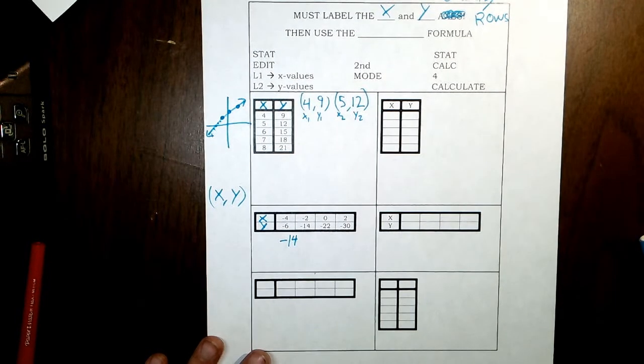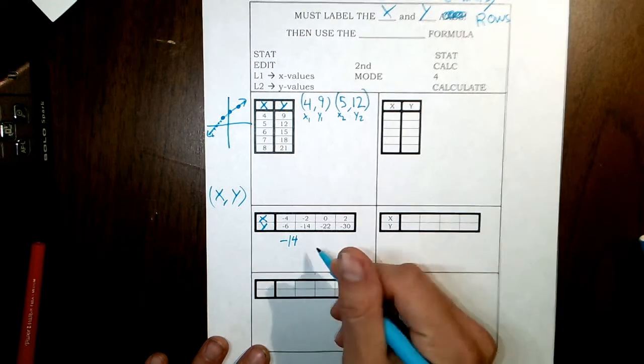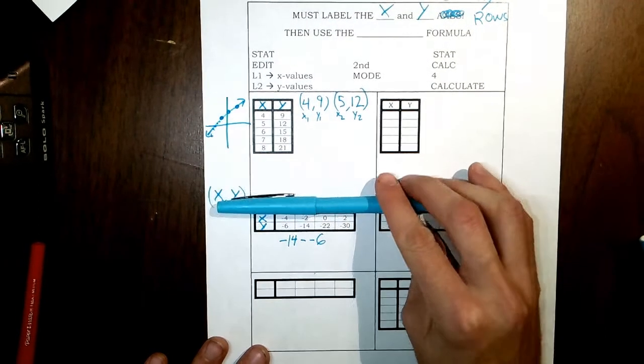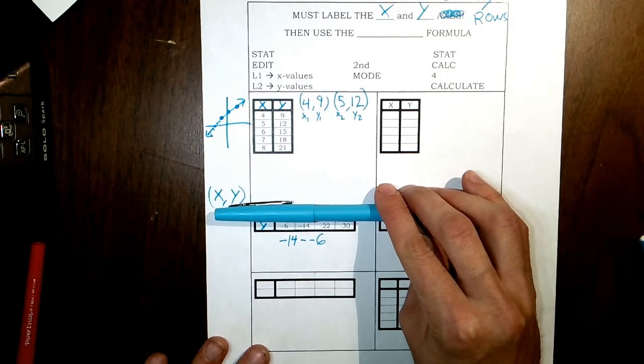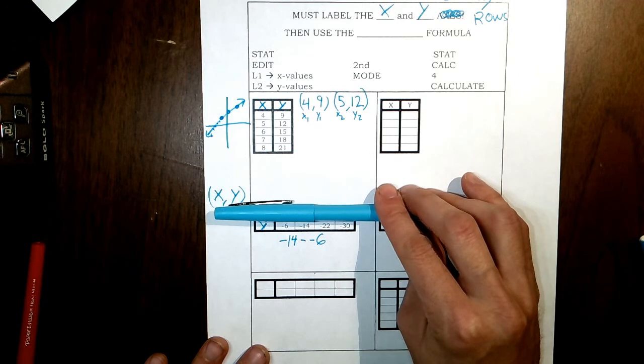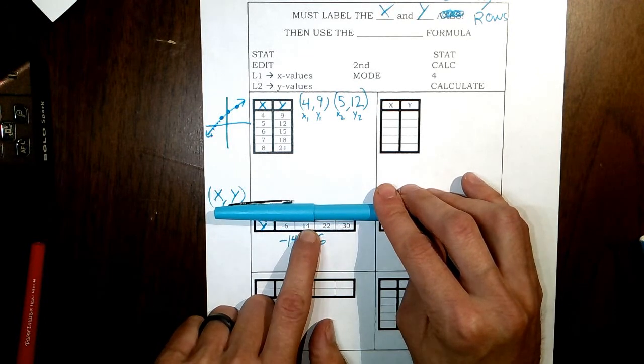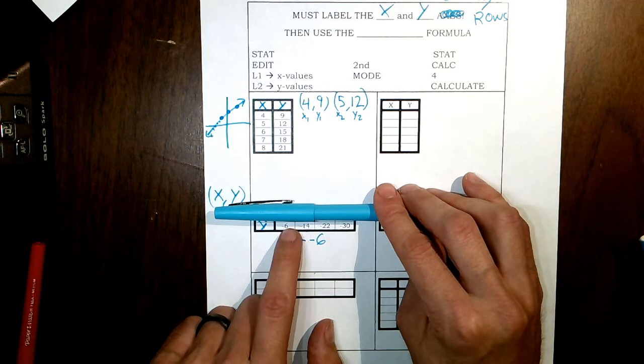What is our first Y value? -6. Killing it. So Jeremiah is looking at this row of Y's, and he's saying, well, our second one listed is -14. Our first one listed is -6.